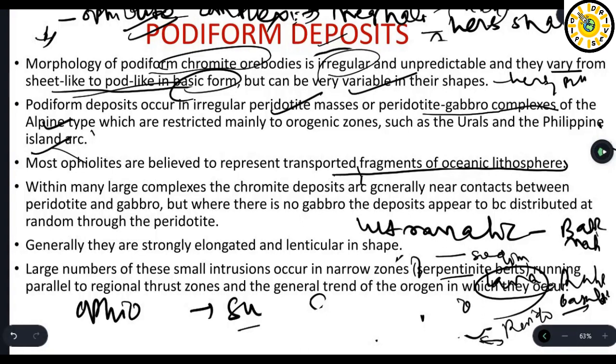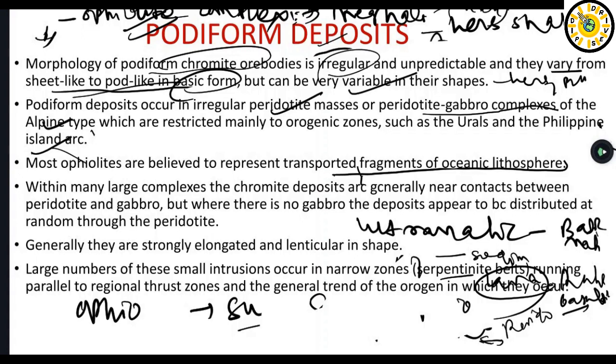What do you mean by obduction? The opposite of subduction, thrusting. Thrusted off. When the oceanic lithosphere gets thrust towards the continental area or is exposed in the continental area, or a slice part of the oceanic lithosphere gets obducted, it is called the ophiolite.